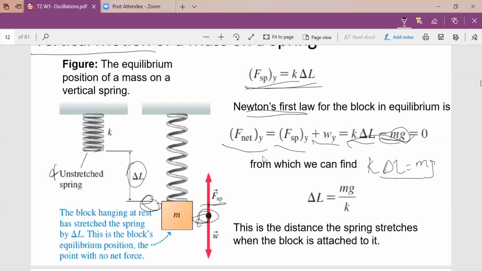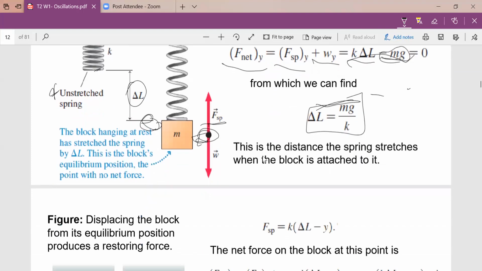All right, then you divide both sides by the coefficient of change in L. So that's how we got this expression here. Okay, so this expression is actually the description of that spring stretch that happens when you put an object on the spring to get a new equilibrium position of that object. So that stretch is actually mg over k.